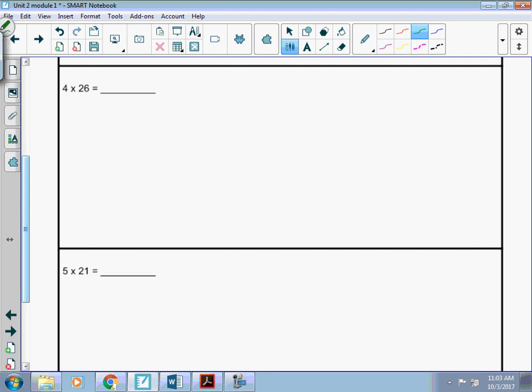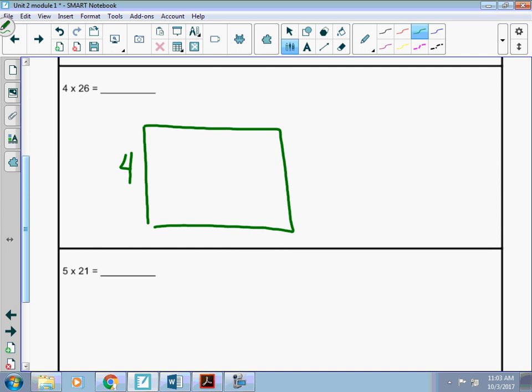The next one, I'm starting off with 4, which is just the ones place, and I'm multiplying by 26, which is a 20 and a 6. So in my first box, I'm doing 20 times 4, which is 80, because 2 times 4 is 8, and then I have my 0.